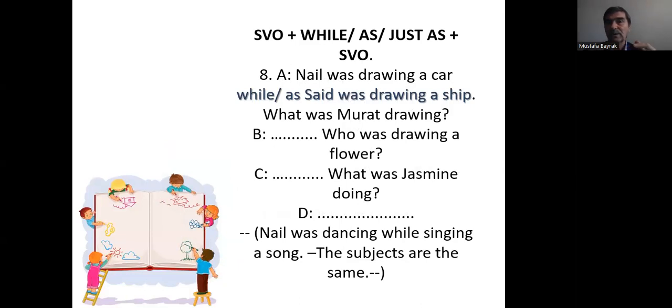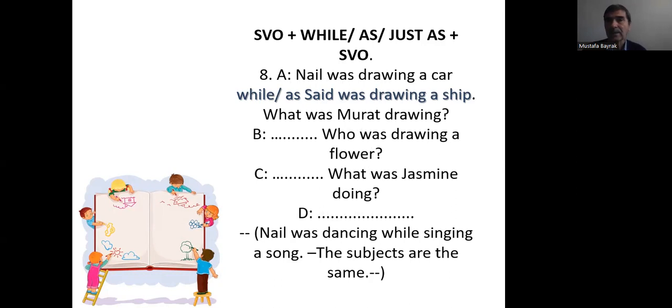Of course, it is possible to express the situation that we are in, or that we want to tell, with single simple sentences. But it is much more beautiful to use conjunctions such as a while clause, as clause, just as clause.